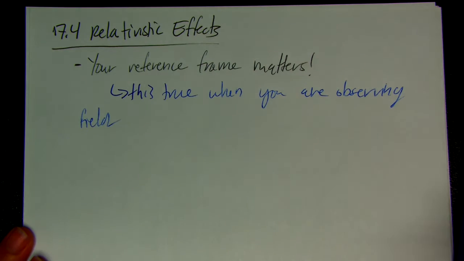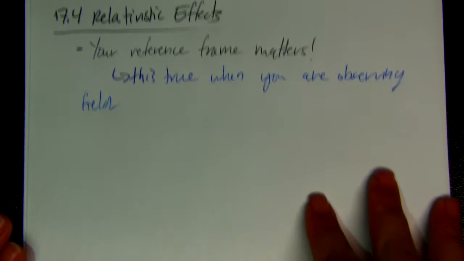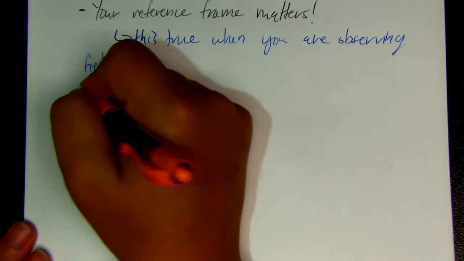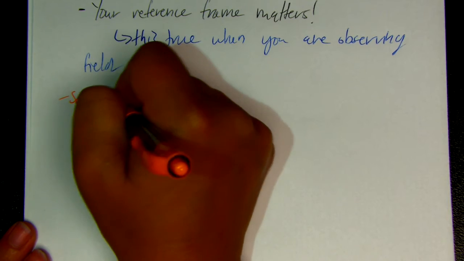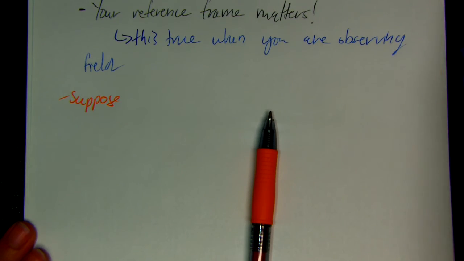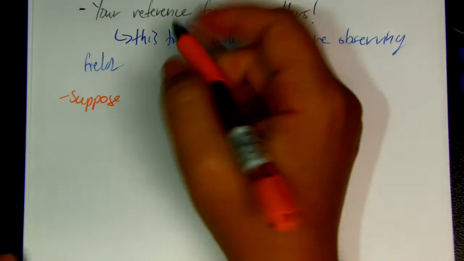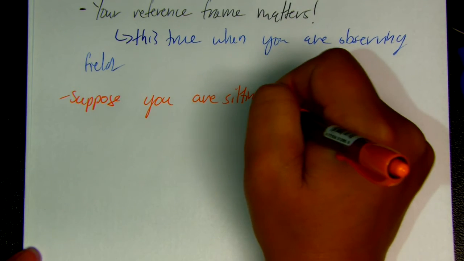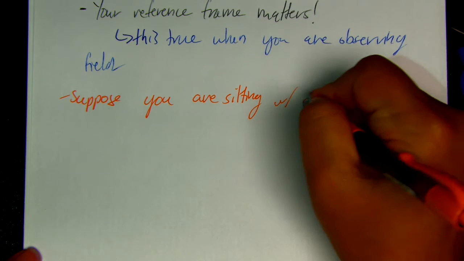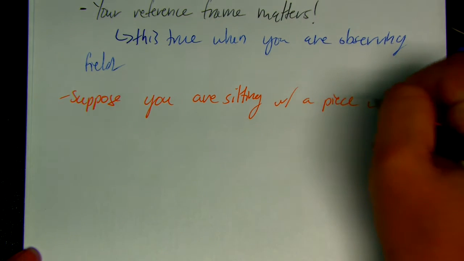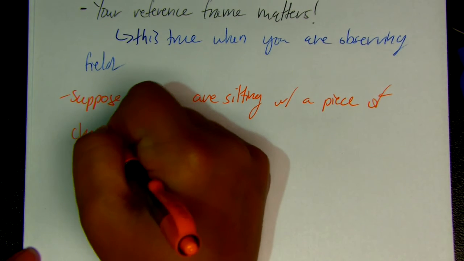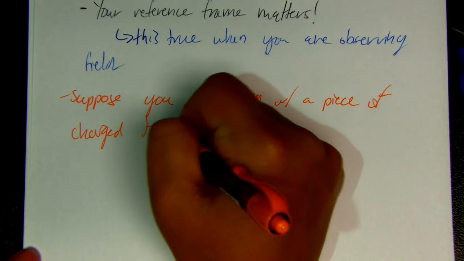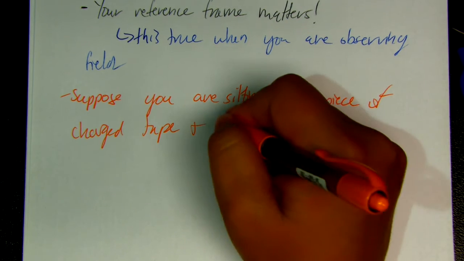Okay, so let's set up a little scenario. You can have multicolored notes today. So suppose you are sitting, as you do, with a piece of charged tape. And a compass.